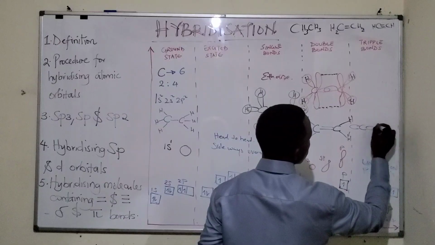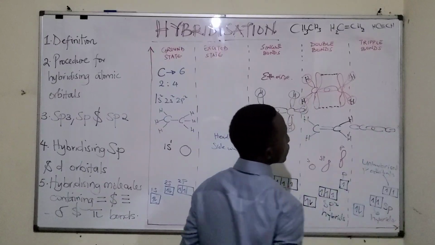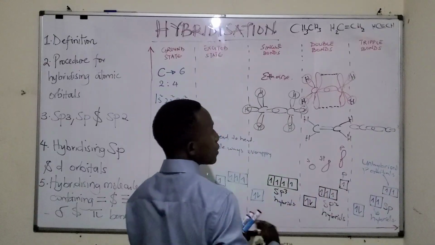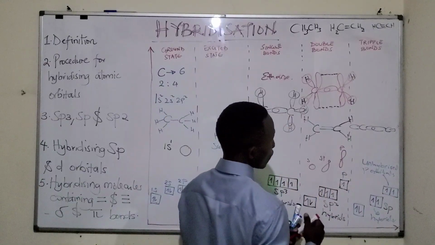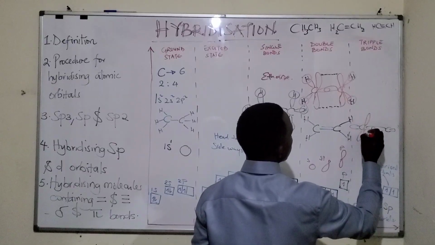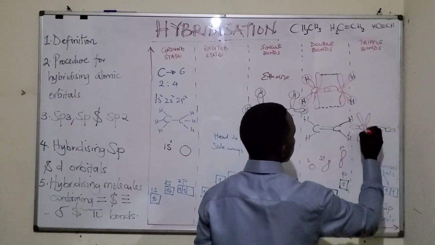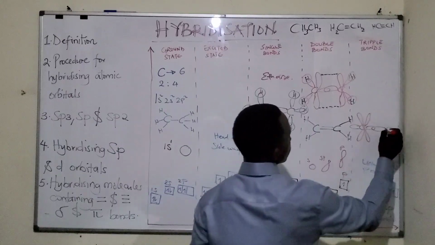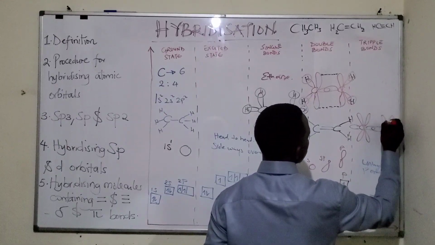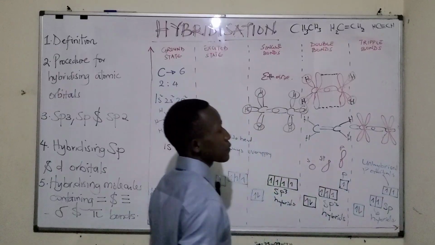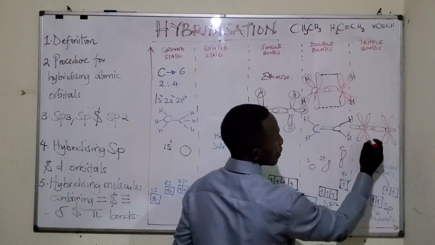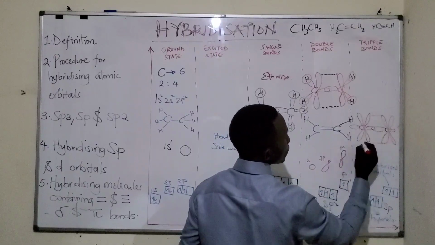Then these two unhybridized electrons will span through. So we shall have them like this, another one like this. So this is the sigma bond and these are the pi bonds.